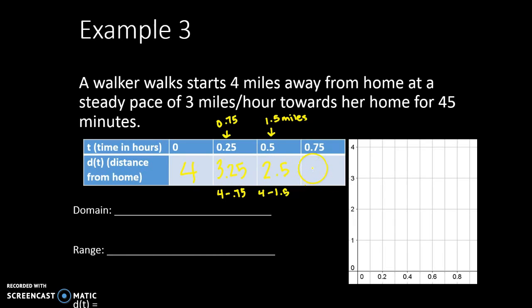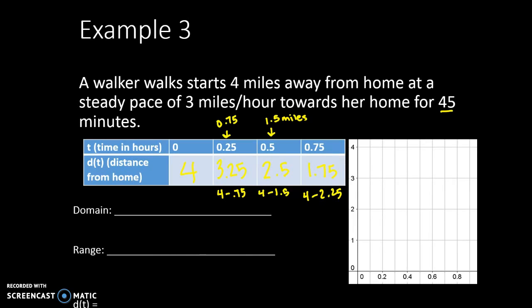At the end of her journey, when she reaches 45 minutes, she will have walked another 0.75 miles, so she'll be at 4 minus 2.25 miles, and she'll be at 1.75 miles away from home.